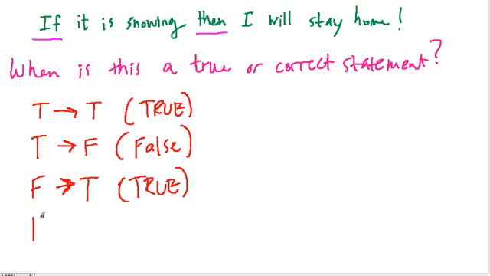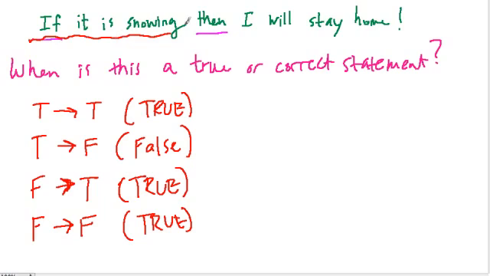And in fact, this extends to a false and then a false. Well, if it's not snowing and you do not stay home, that could be true as well, right? We don't know. An if-then statement is a statement of implication. If the original premise is not true, if it's false, we don't know what could follow.